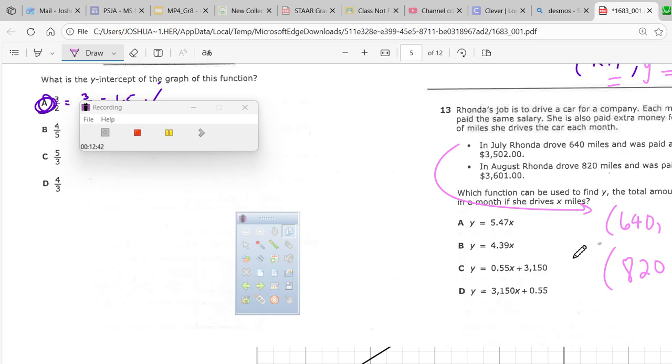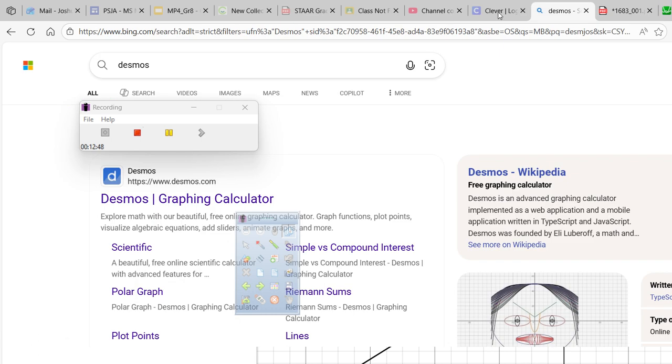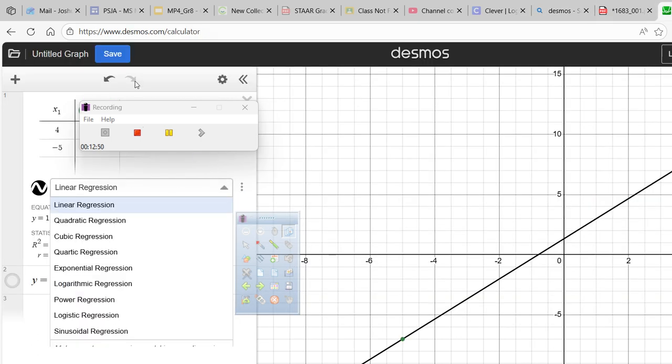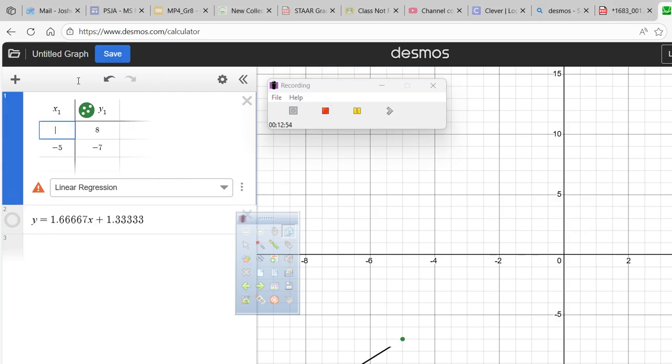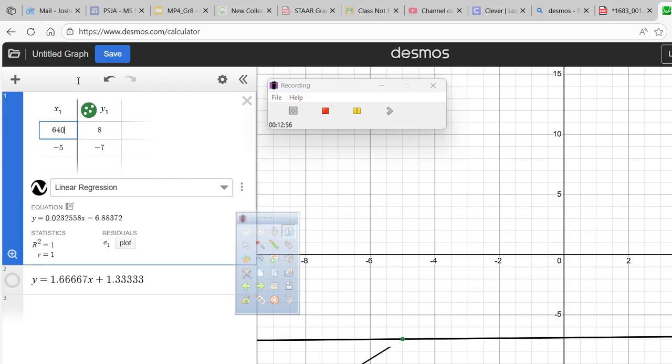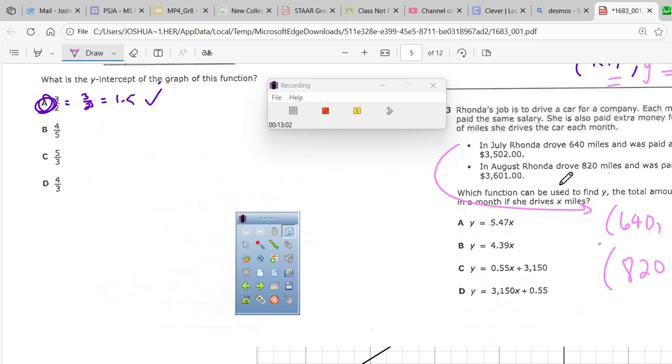So I'm going to go back to decimals and put these numbers in here. So 640. I'd never really used this 640. Oh, okay, it's already changing it. So look at my answers, it's already changing over here. 3502.